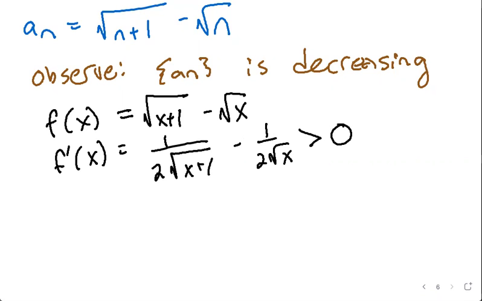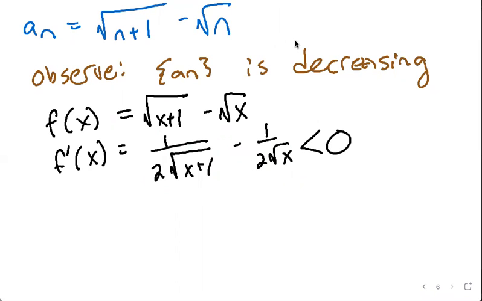You can convince yourself that this is negative, because we want to show it is decreasing. The two terms look very much the same: square root of x plus 1 and square root of x. X plus 1 is bigger than x, so the denominator here is bigger than the denominator there, so this fraction is smaller than that fraction. So this is negative, and a sub n is a decreasing function.